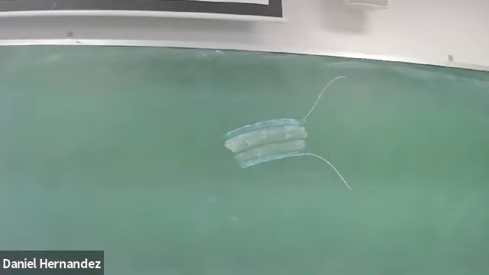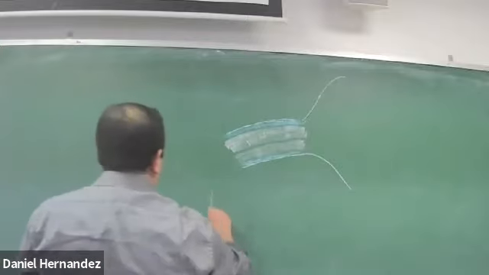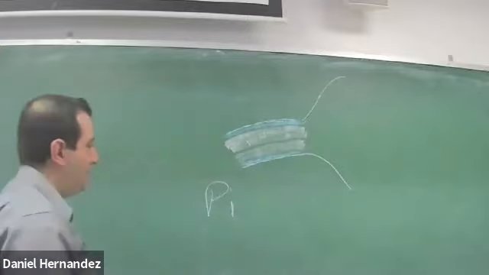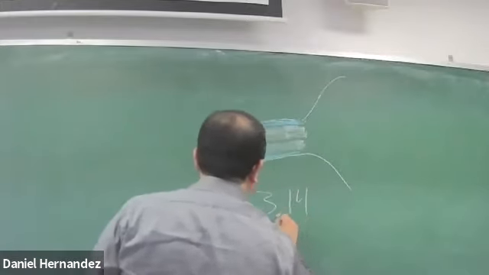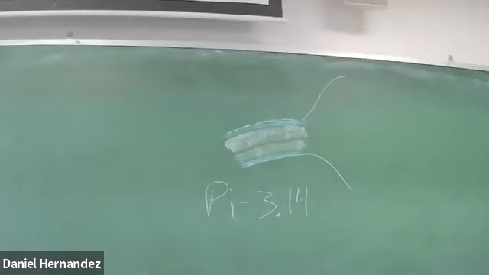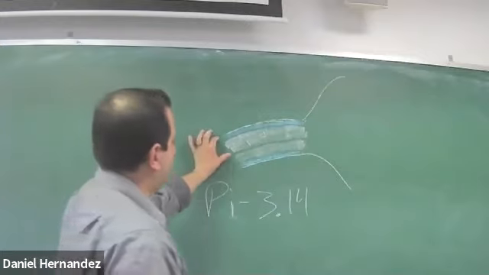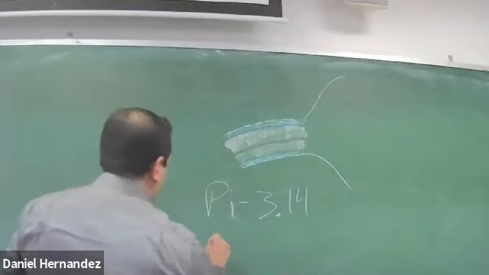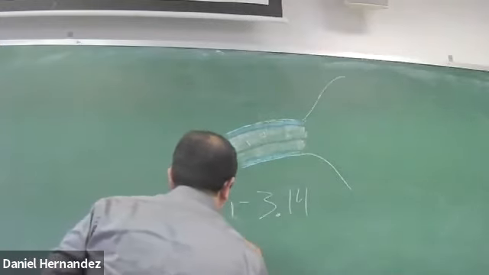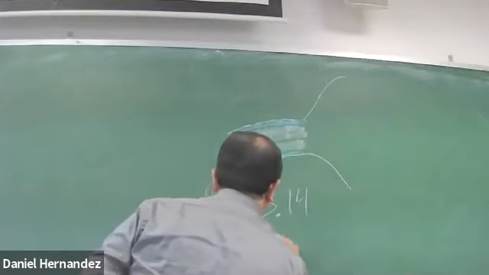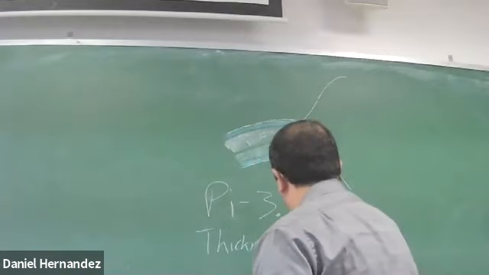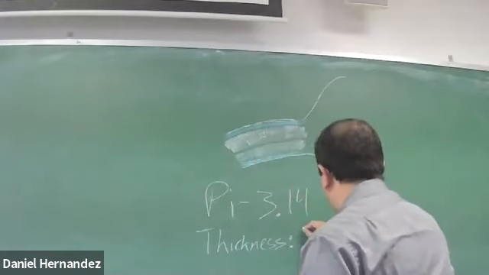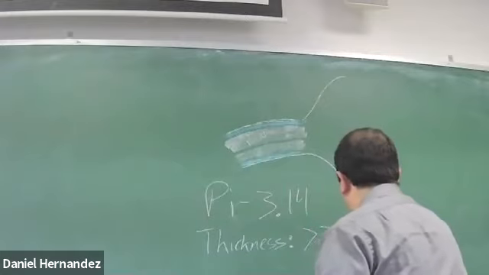So the way I remember my measurements is pi, 3.14. So our thickness, positive pylorus thickness, it's going to be greater than 3 millimeters.